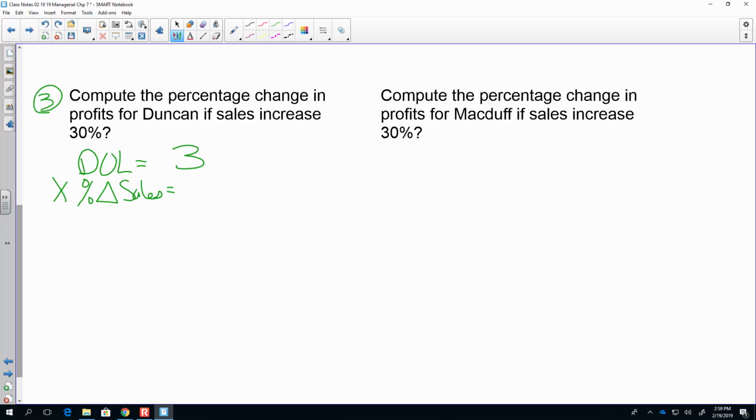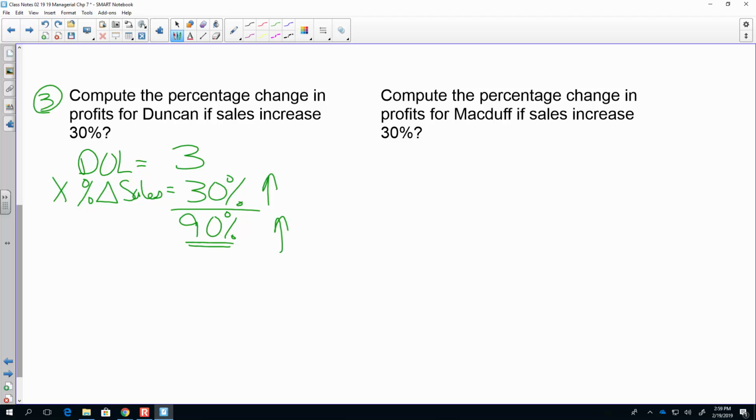I didn't want to write the word change. Percentage change of sales is 30. So if sales go up 30%, my profits are going to go up what? 90%.